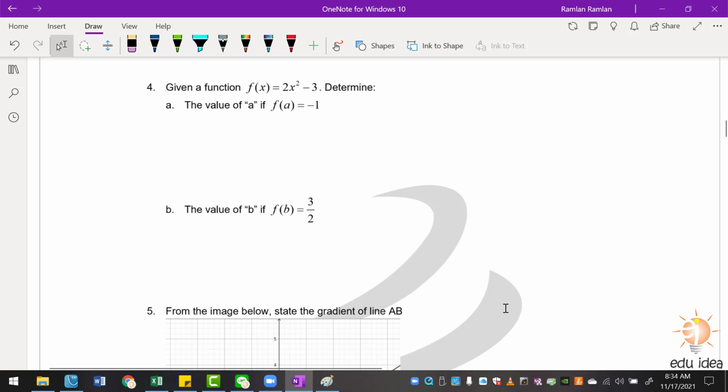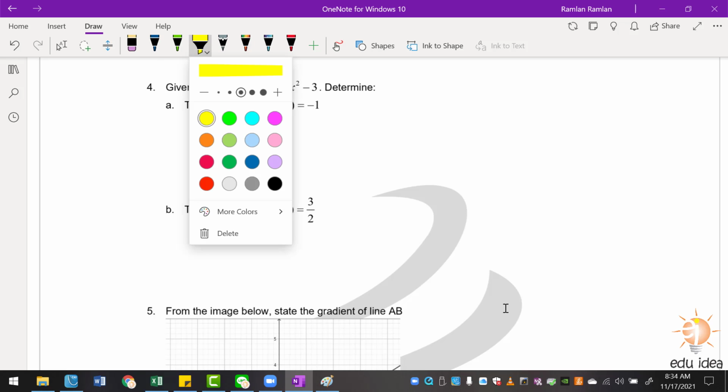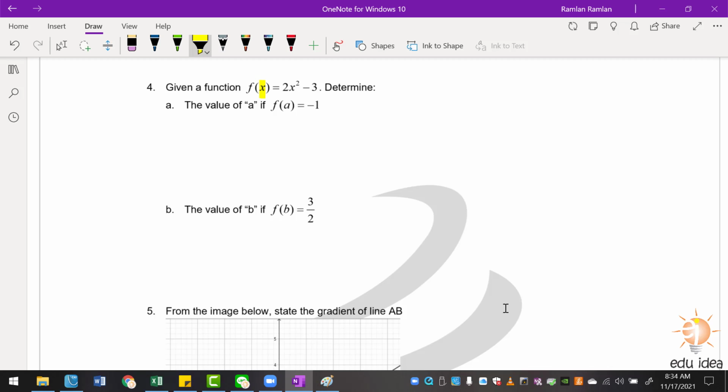Given a function f(x) equals 2x squared minus 3, determine the value of a if f(a) equals minus 1. Again, the concept is still the same, guys. If I have that function of x, basically I'm just changing the x into a.